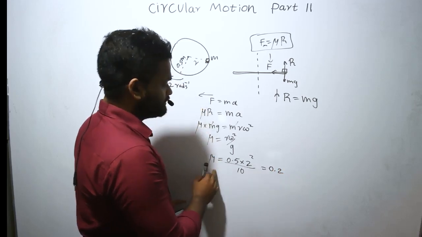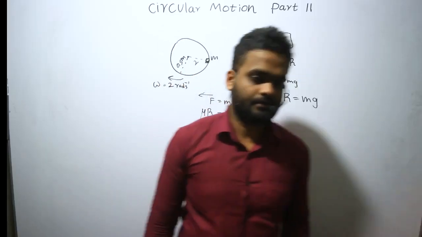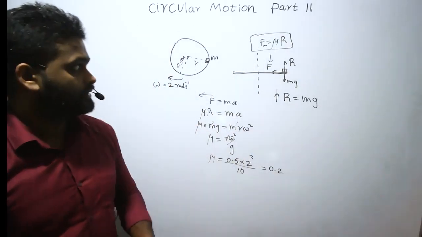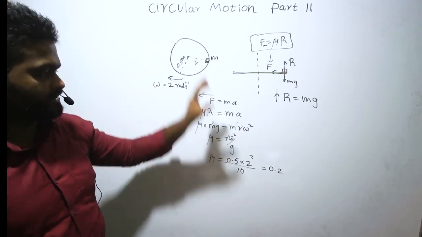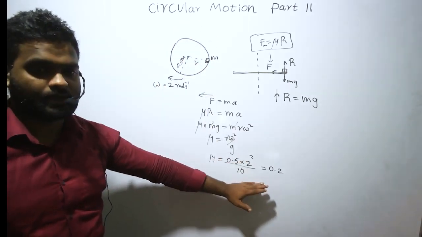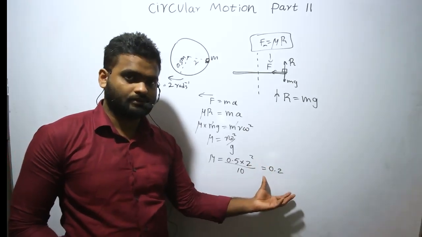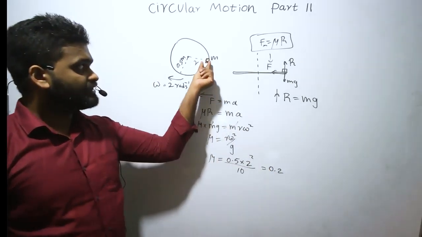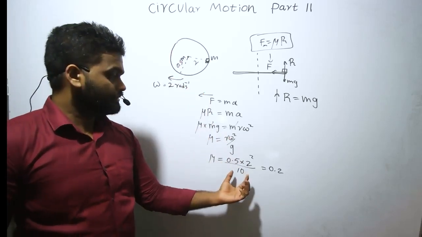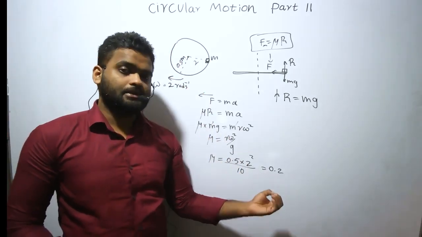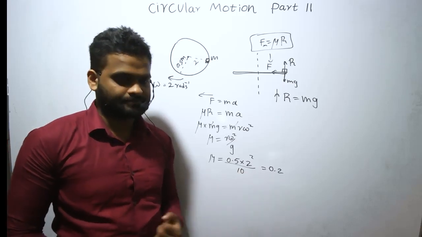This is the coefficient of friction required in order for this coin to remain on the edge. So this is the minimum frictional coefficient required. If you have a frictional coefficient more than that, the coin will also remain here while rotating. But what they're asking is the minimum friction coefficient, so you can find that like this.